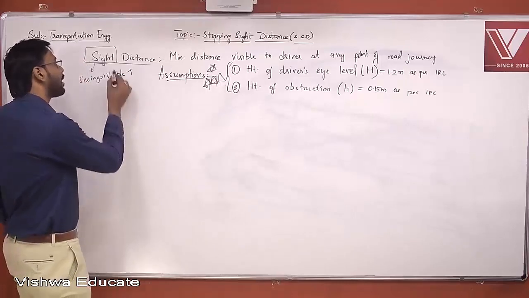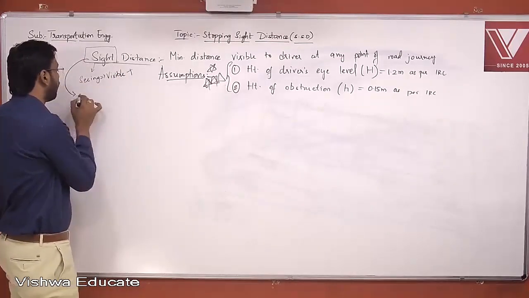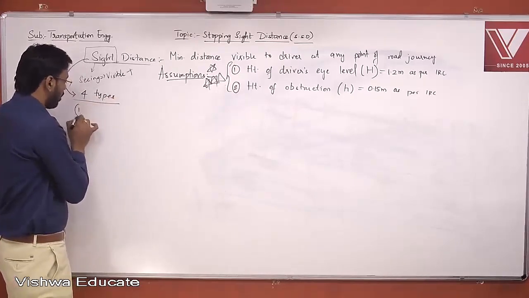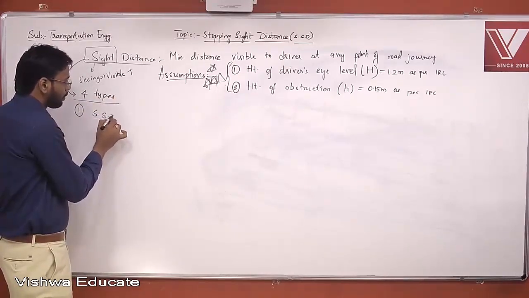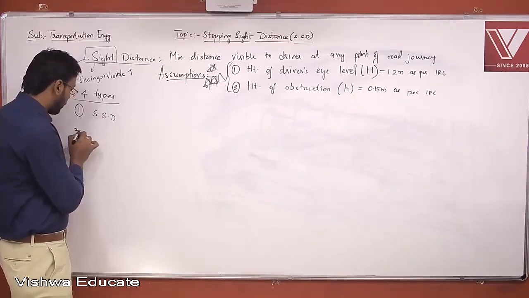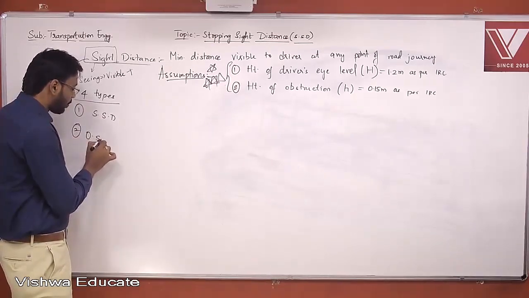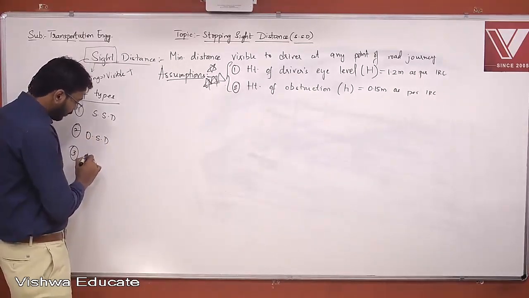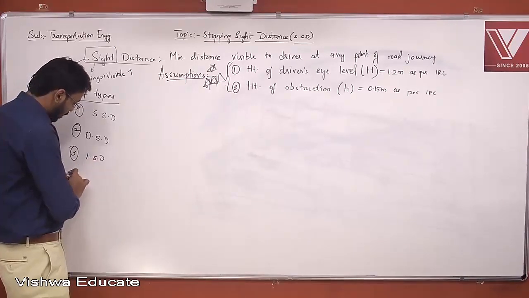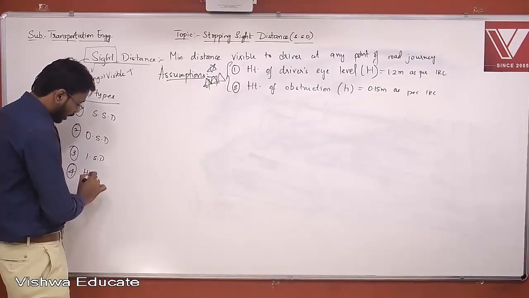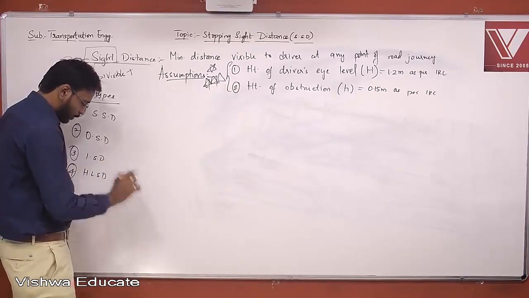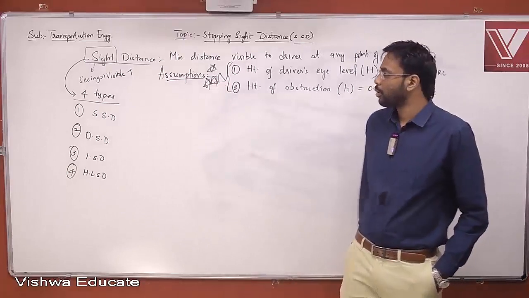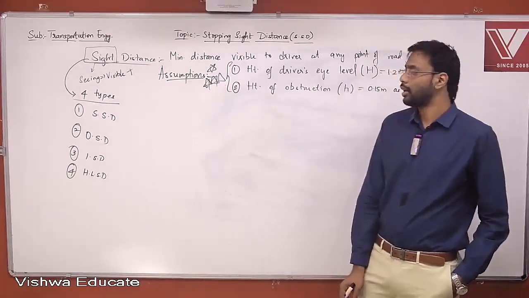Now, sight distances can be of 4 types. First one is stopping sight distance. Second one is overtaking sight distance. Third one is intermediate sight distance. And fourth one is headlight sight distance. So there are 4 types of sight distances: SSD, OSD, ISD, and HLSD.